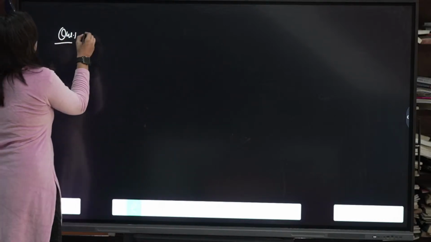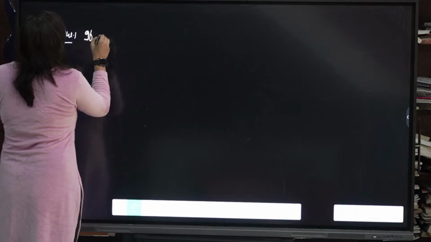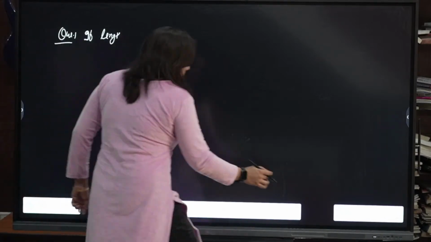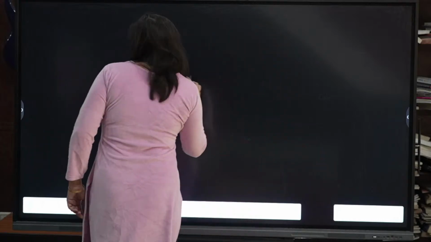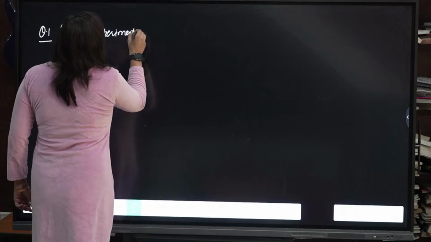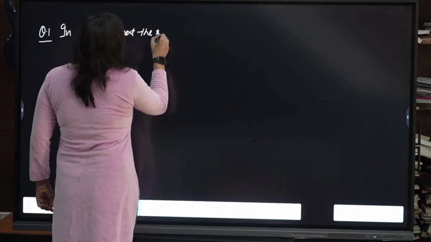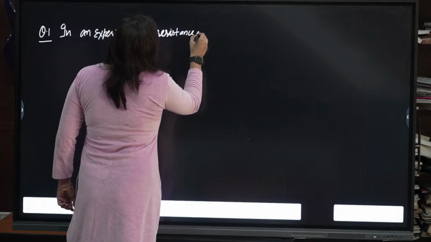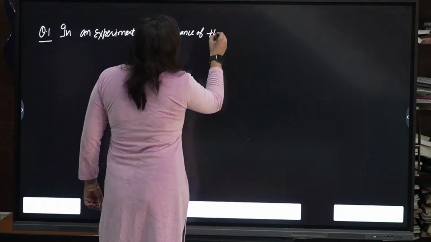Question: in an experiment the resistance of the wire is measured.